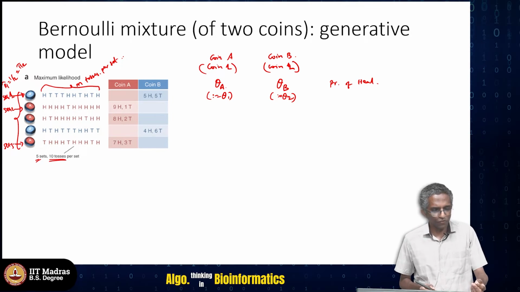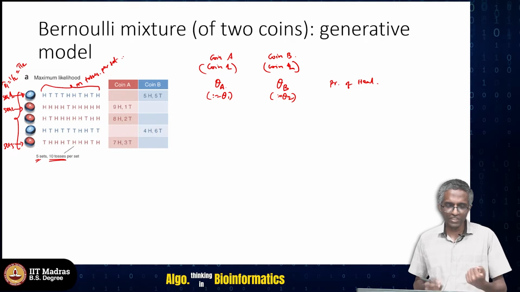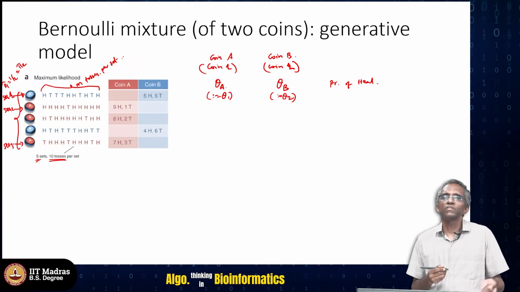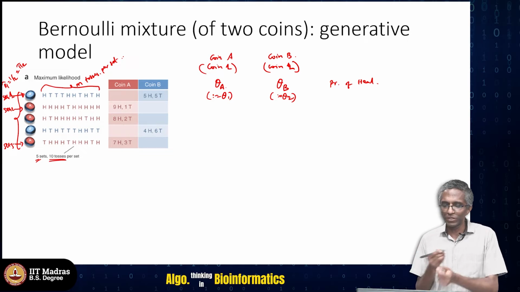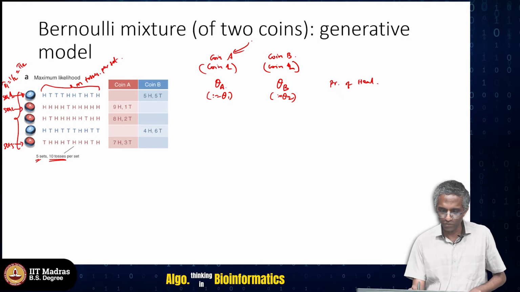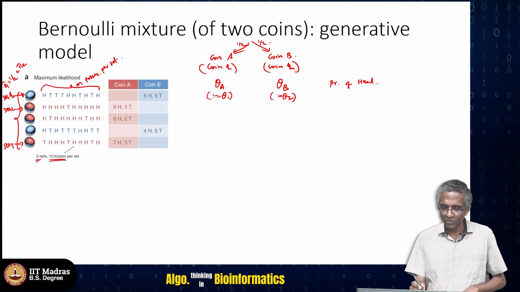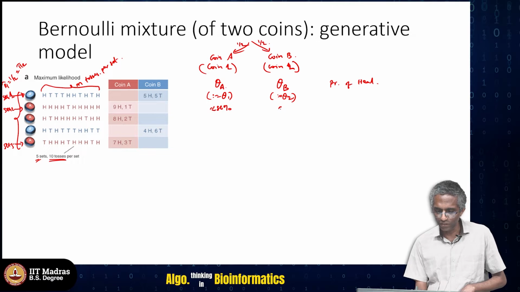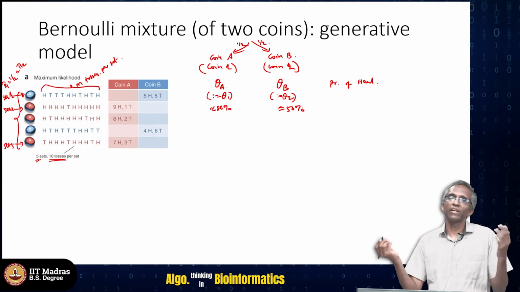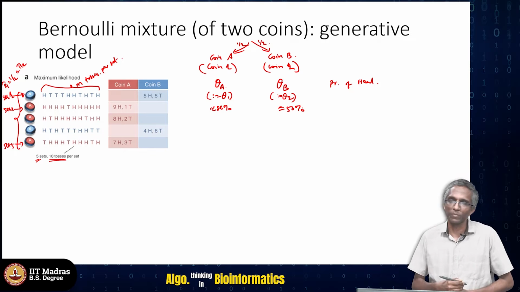So the generative model view is that you first choose uniformly at random between these two coins, so with probability half, half. So equal likelihood to choose either coin A or coin B for every set. Once you have that, then coin A has a certain probability theta A of coming up heads, let us say 80%, and coin B may have a 50% chance of coming up heads and 50% of coming up tails.